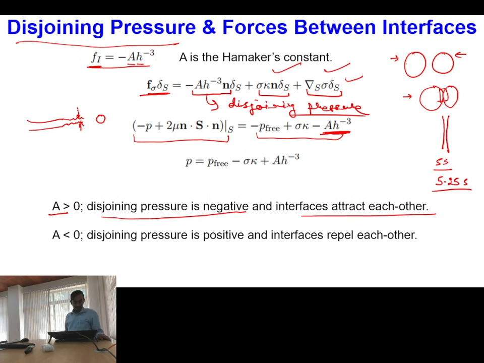If disjoining pressure is negative, it will attract the interfaces at a faster pace, and you will have faster pinch off and faster merging. But for systems for which disjoining pressure is positive, like A is negative, the interfaces will repel each other and it will take time to pinch off or merge. So it will lead to the presence of more stable films, if you are talking about thin liquid films.